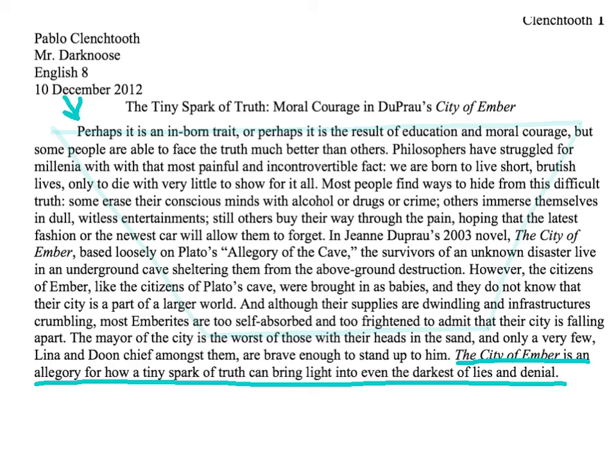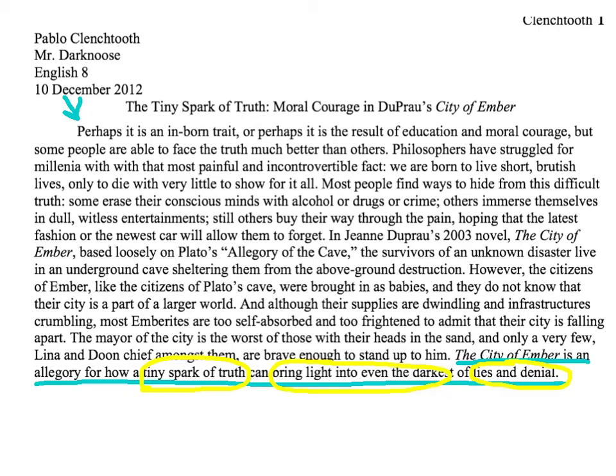Once I have my claim, I know that the general topics of my essay are going to be this idea of a tiny spark of truth, this idea of bringing light into darkness, this idea of lies and denial.